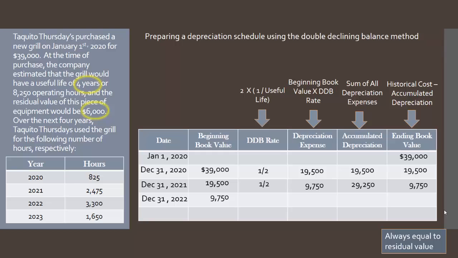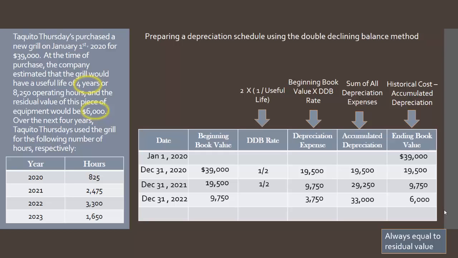We started the year with a book value of $9,750. We know we need to get down to $6,000, which means we should depreciate it for the difference, which is $3,750. And when we do, it increases our accumulated depreciation to $33,000, giving us an ending book value of $6,000.